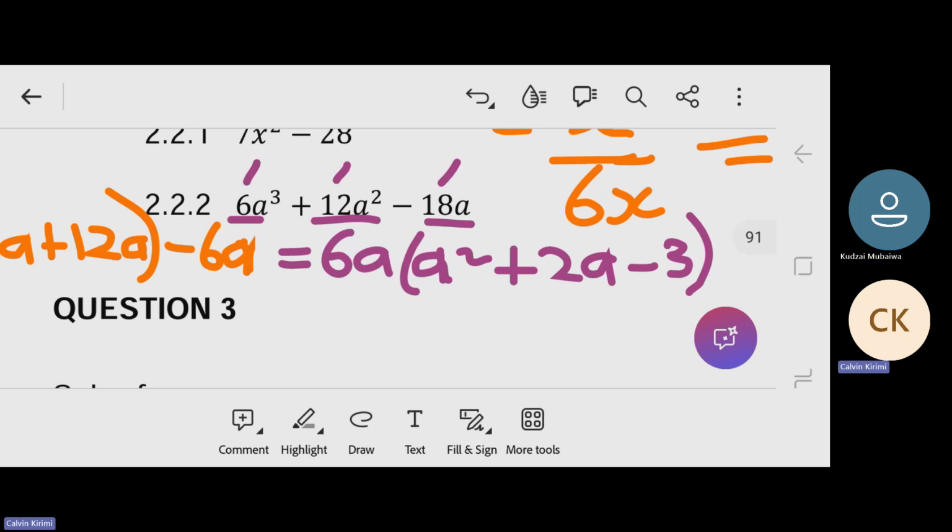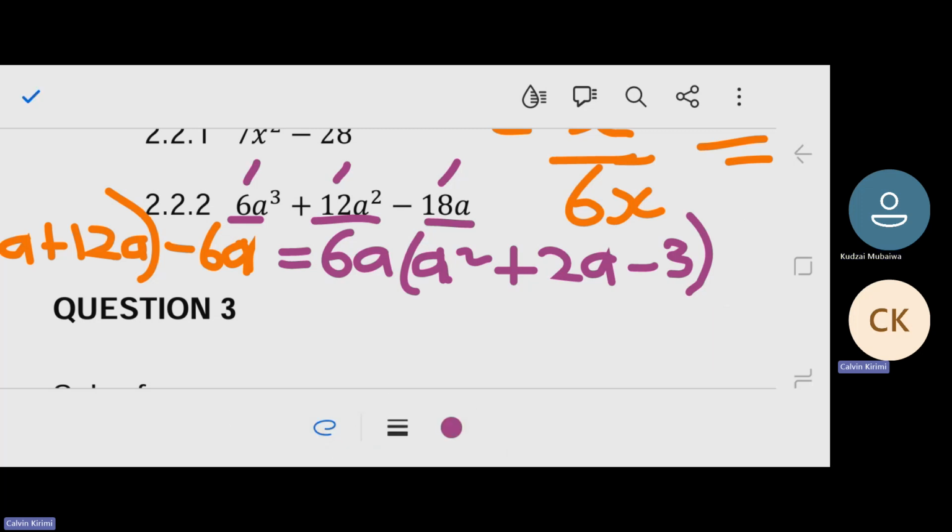We are dividing each term by 6A, so 6A goes outside the bracket. 6A goes into 6A cubed how many times? It goes A squared times.